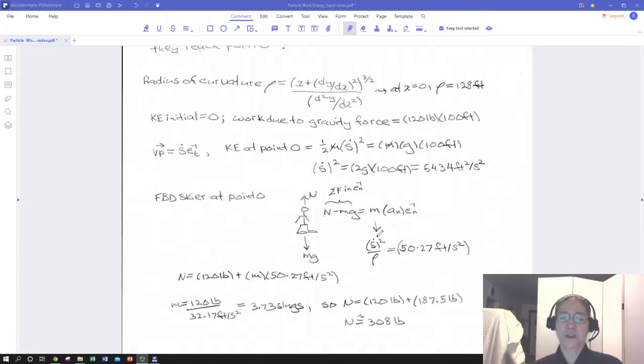We can drop back to our expression for acceleration in the normal direction in a tan normal coordinate system, and we know that that is S dot squared over our radius of curvature. Wasn't it handy to have S dot at the point of interest, because that indeed is our link to our normal force via the coordinate-system-appropriate expression for acceleration.